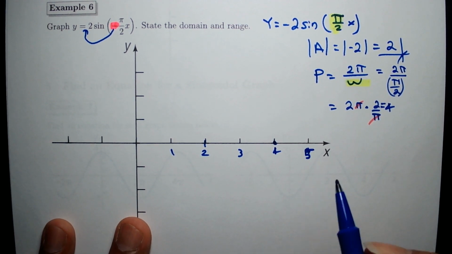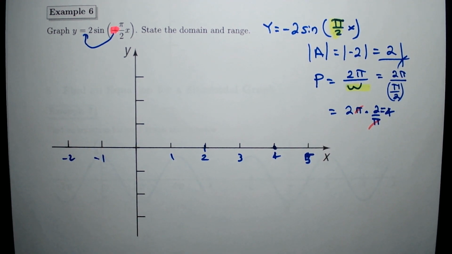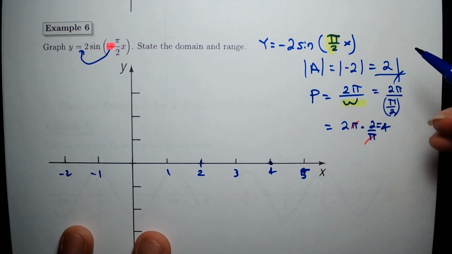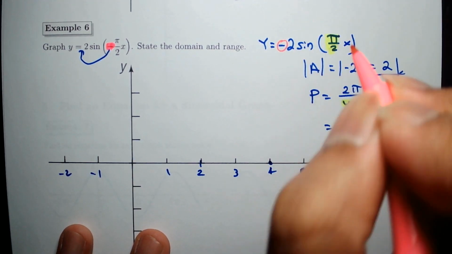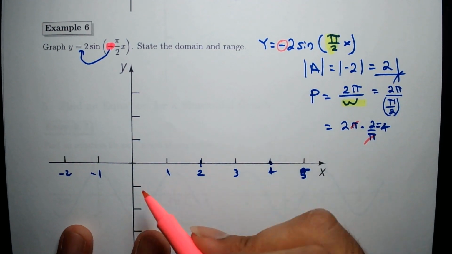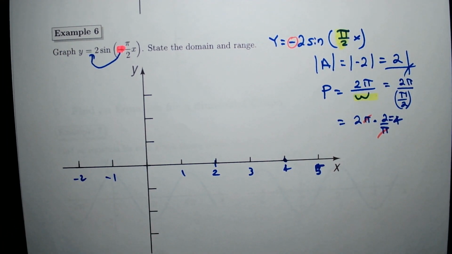5, -1, -2. What's going to happen here? Number one, this negative is going to essentially flip the graph.